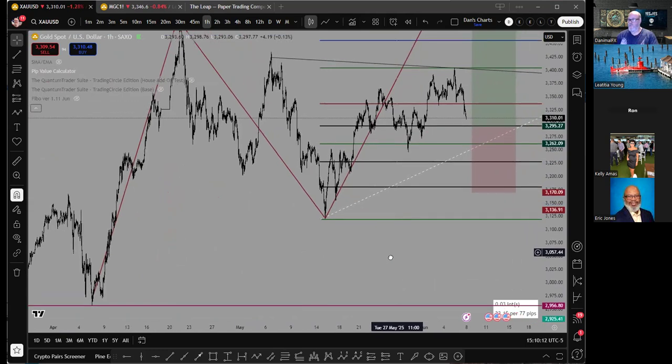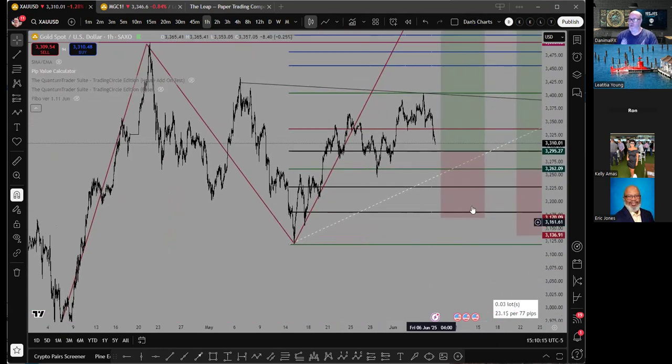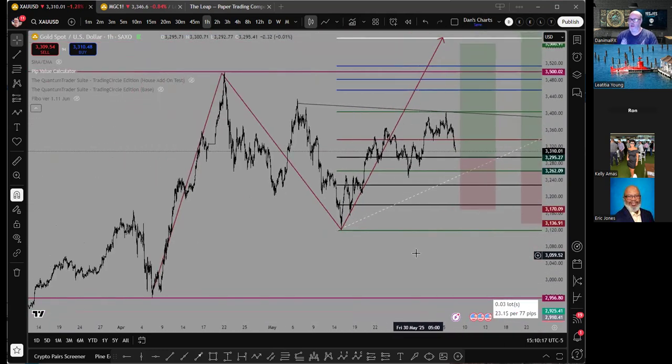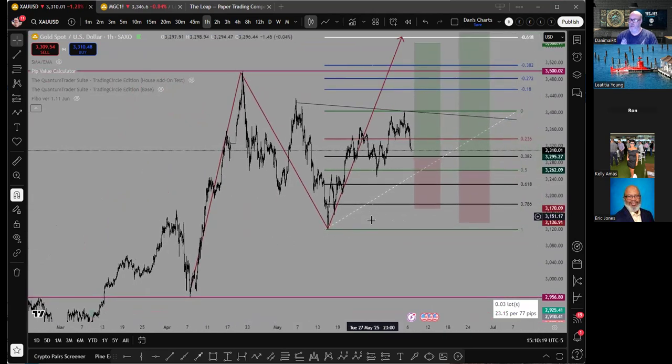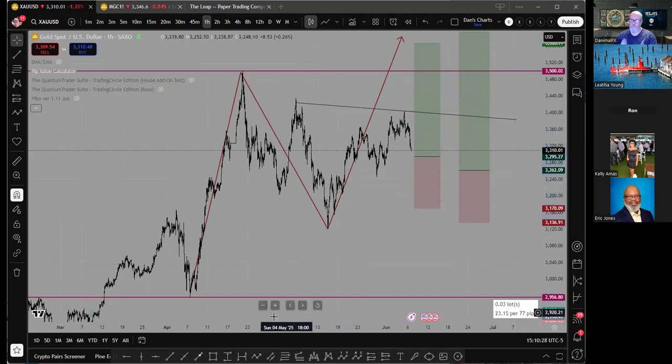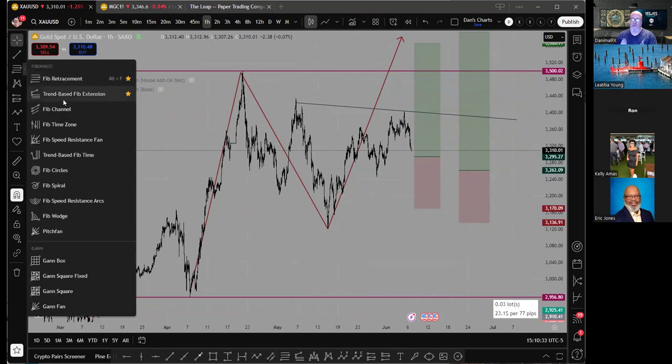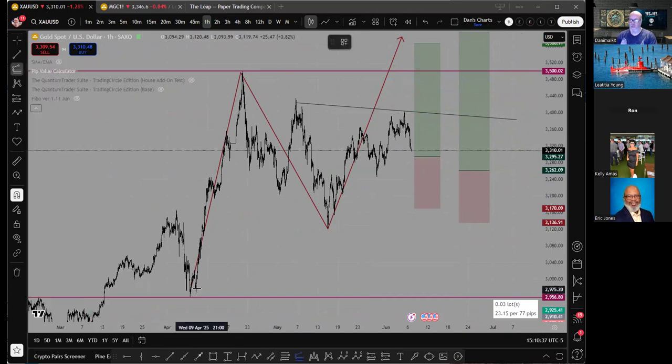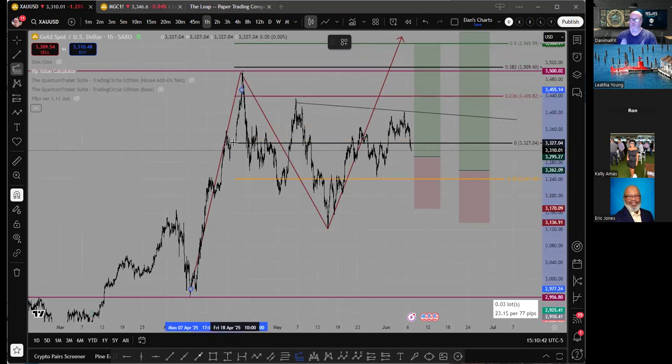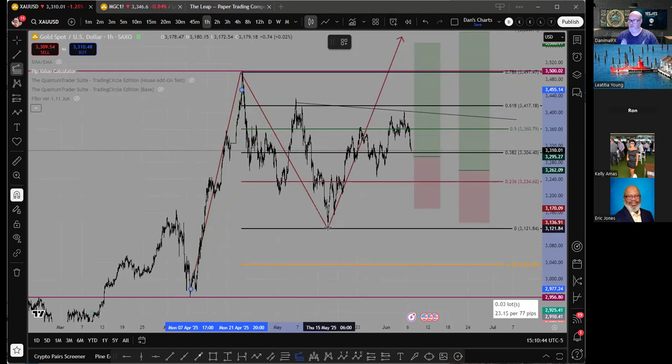I'm also going to introduce you to a new fib tool today that I enjoy that will give us a better read on this trend. So I'm going to hide this fib. The fib that I like is over here. It's called the trend-based fib extension. Basically you draw it from here, and then you drag it back to here.